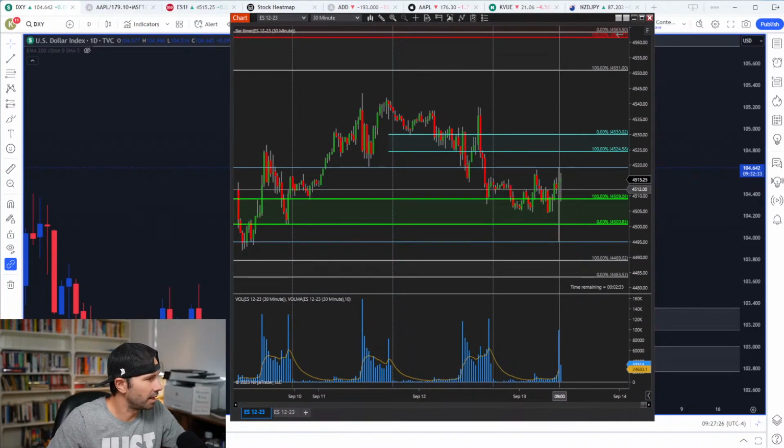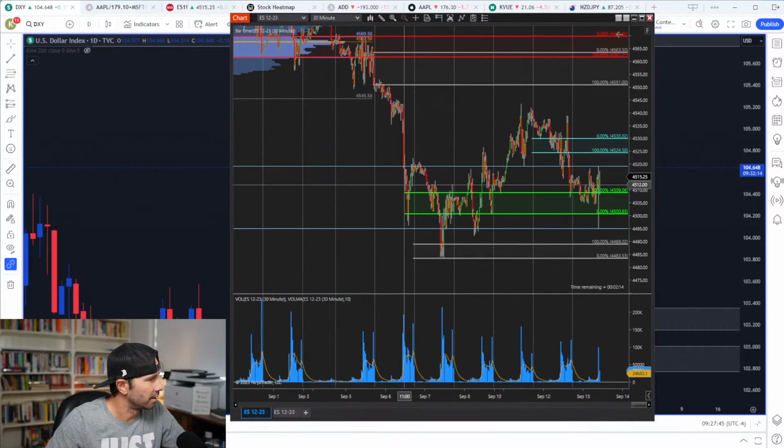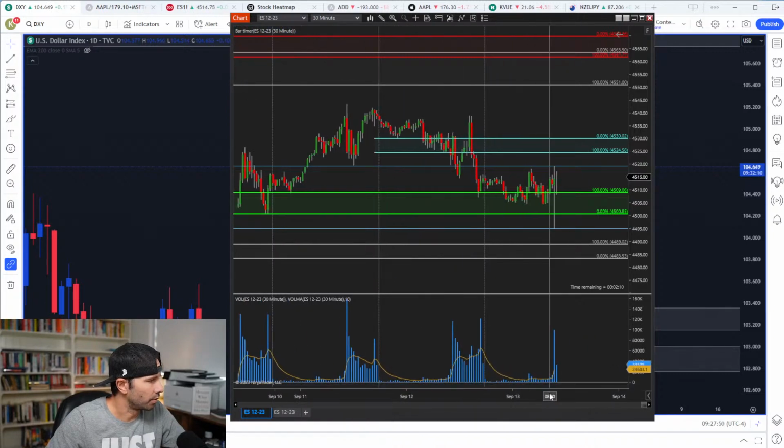After the CPI, we spiked down and then we recovered the entire candle on a very high volume for the news. Here is the next 30 minutes. So we are sitting above the high volume node that I've had for the last 1, 2, 3 days. So we're sitting above.